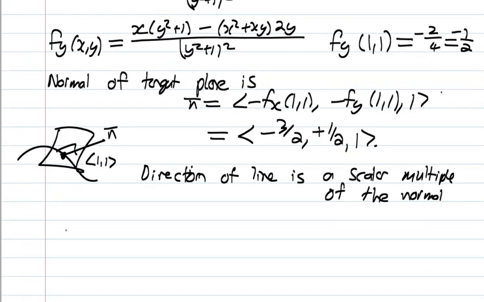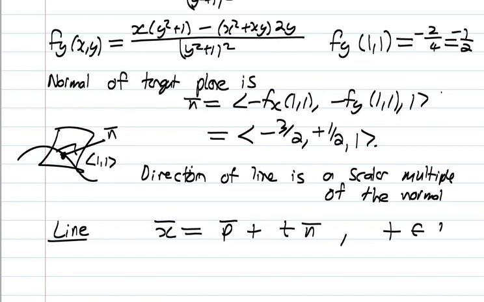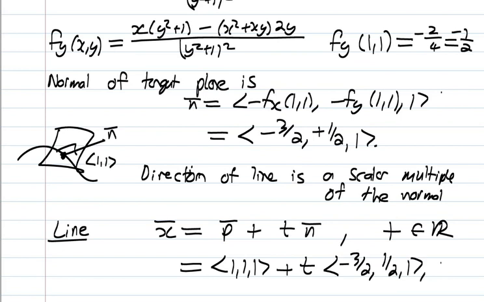So we're in business, so now we can talk about the line. We can say the line is x equals the point plus t times the direction, which is n, where t is a real number. We know that the line must go through the point (1,1,1), and we know that the normal is (minus 3 over 2, a half, 1), where t is a real number.